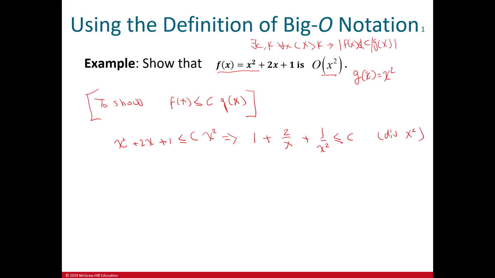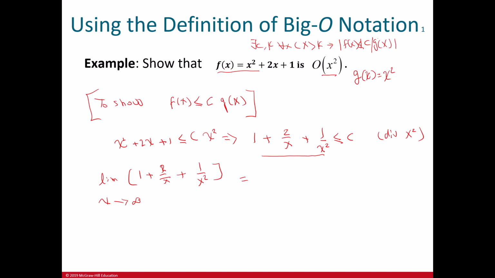Then I'm going to find the limit for this part. The limit of 1 plus 2 over x plus 1 over x to the 2, as x goes to infinity.